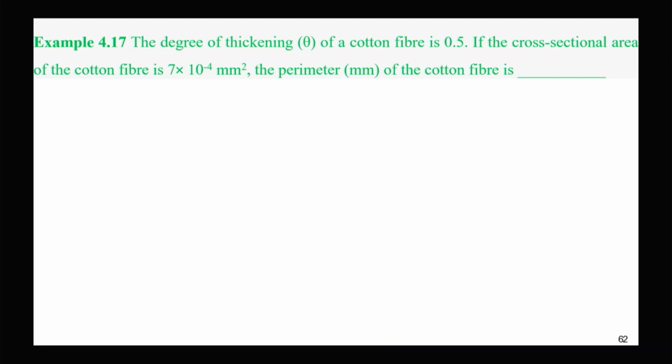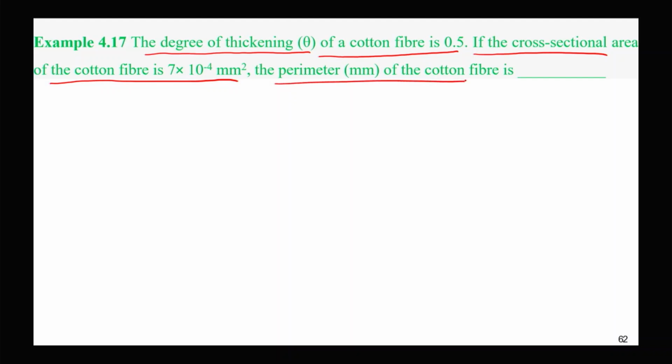Now let us try to do one numerical. The degree of thickening theta of a cotton fiber is 0.5. The cross sectional area of the cotton fiber is 7 multiplied by 10 to the power minus 4 square millimeter. The perimeter has to be calculated. From the earlier relationship we can calculate.